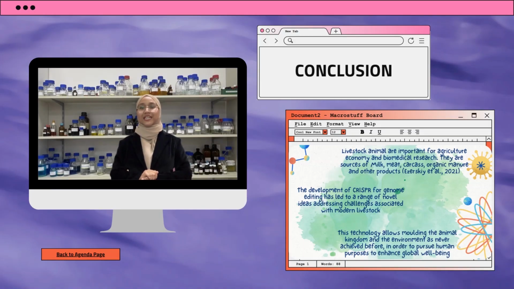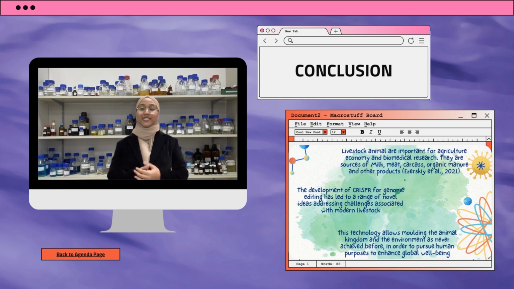So, in conclusion, livestock animals are important for agriculture economy and biomedical research. This is because they are sources of milk, meat, organic manure, and other products. The development of genome editing technology, especially CRISPR-Cas9, has revolutionized the generation of gene-edited farm animals.